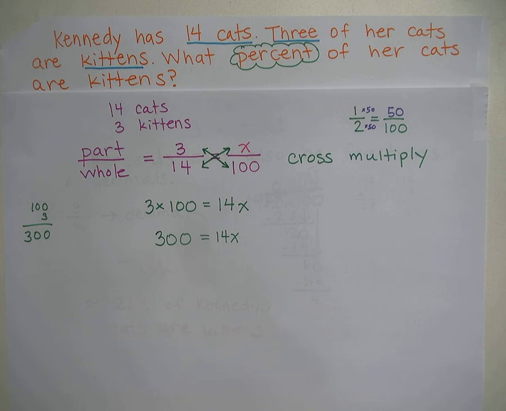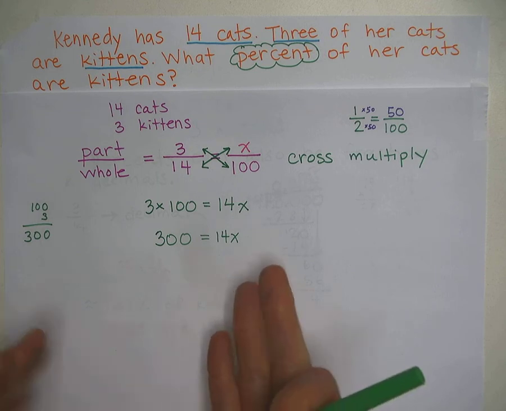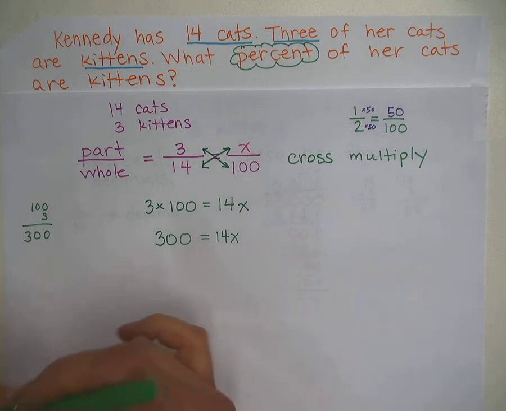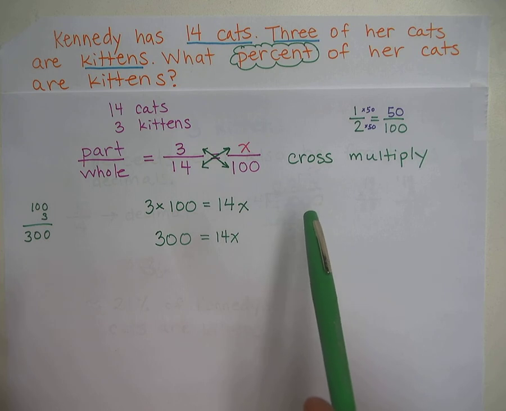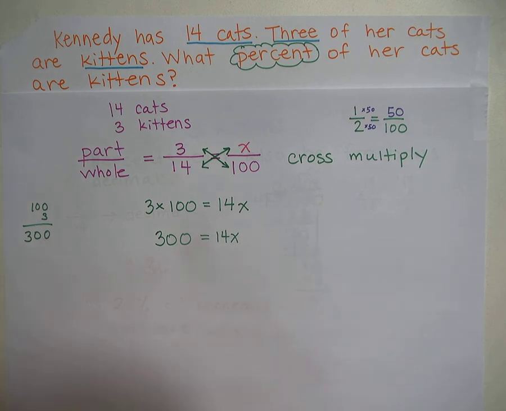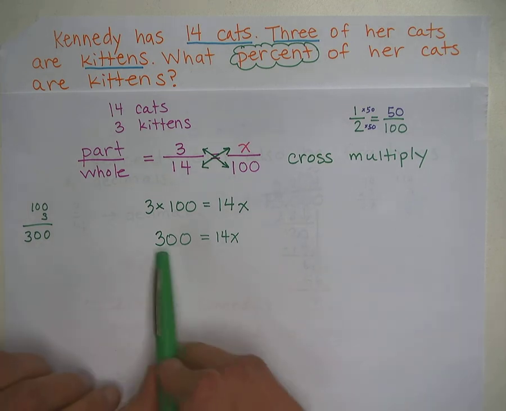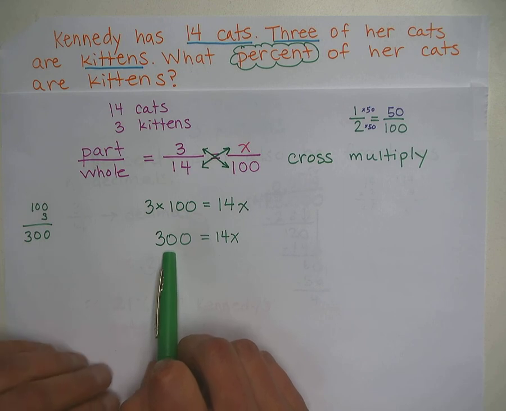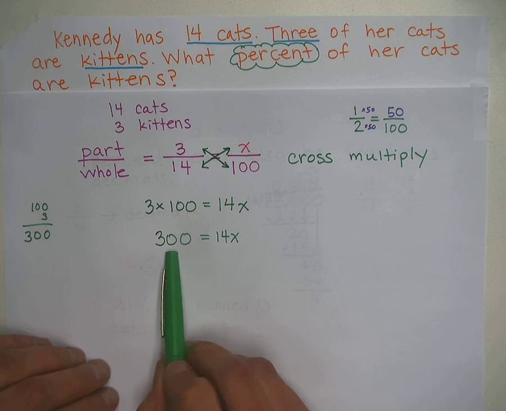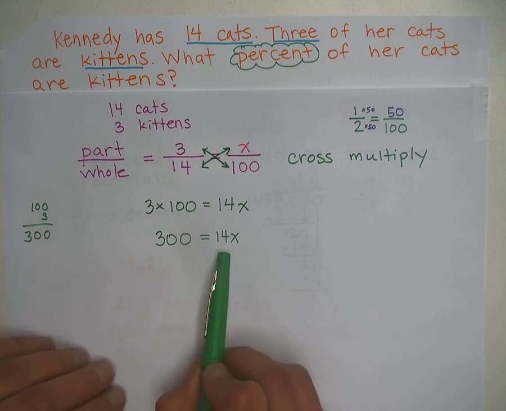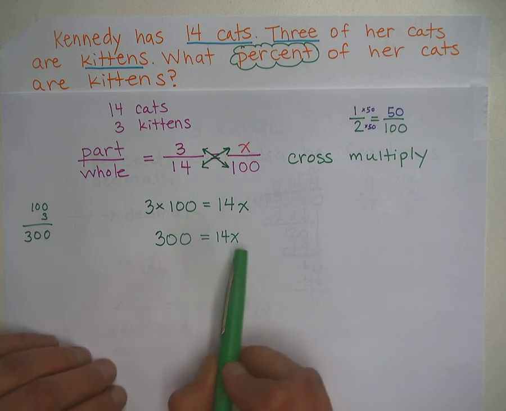Now, this is where you're using a little bit of algebra skills to figure out what x is. So we have 14 times x equals 300, which is the same as saying 14 times something equals 300, which also means 300 divided by that something equals 14, or 300 divided by 14 equals something.